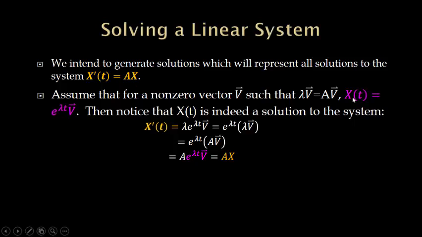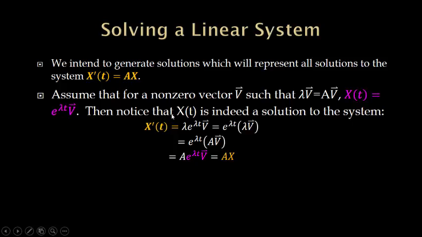So we're going to assume, because that differential equation has that form, that we have solutions of the form of that variable equivalent to a constant multiple. Think of v as containing constant multiples of exponentials. So x equals e to the lambda t times v. We're going to assume that it has this form because of the setup of the differential equation, the same reasoning we used in chapters 1 and 2.